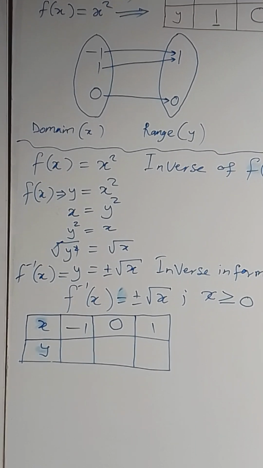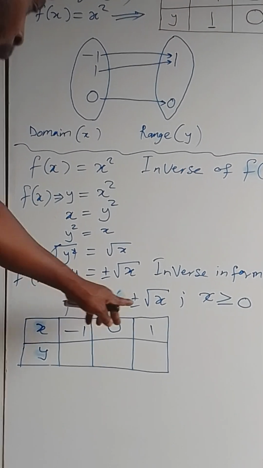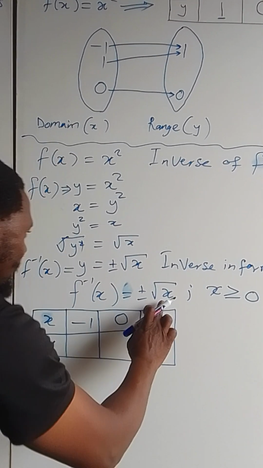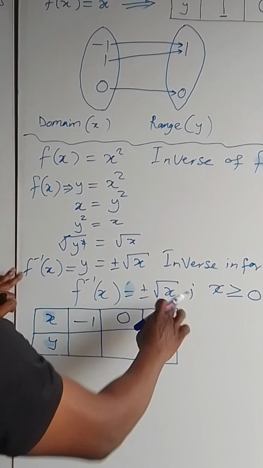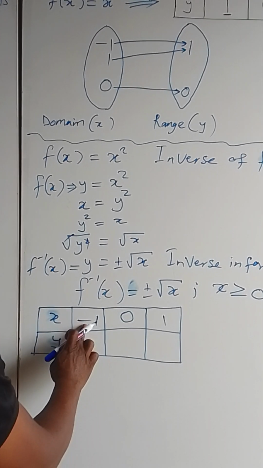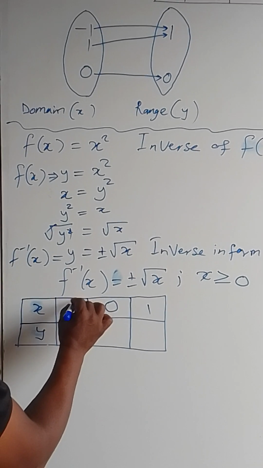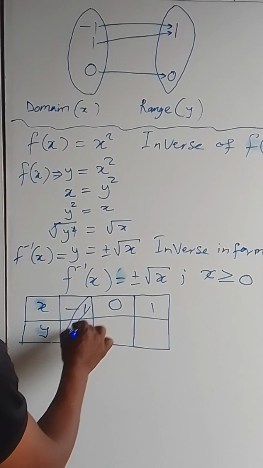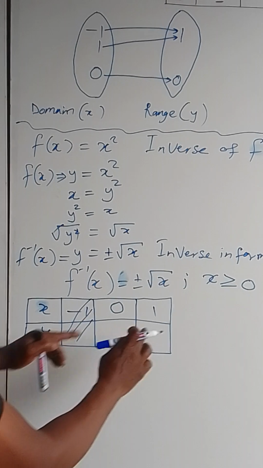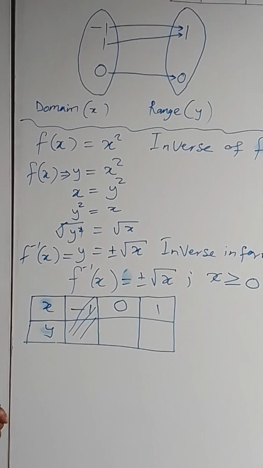Now the value of y is going to be, if you put your 1 here, you are not going to use a negative because we said x is greater than 0. So this clearly is going to be cancelled. We are going to use this one.